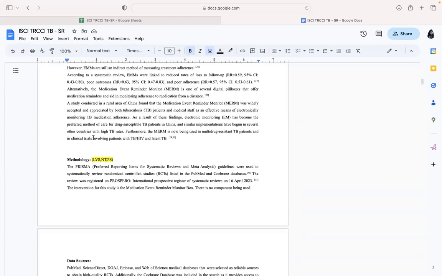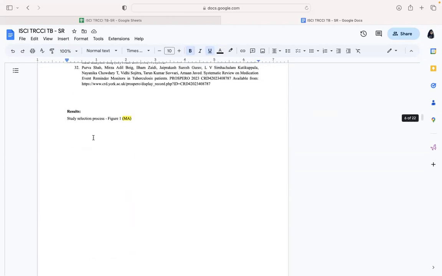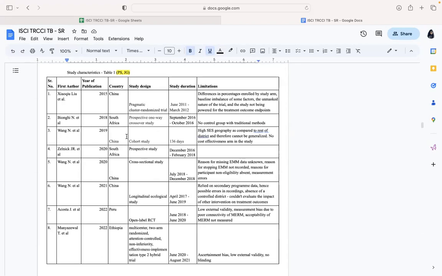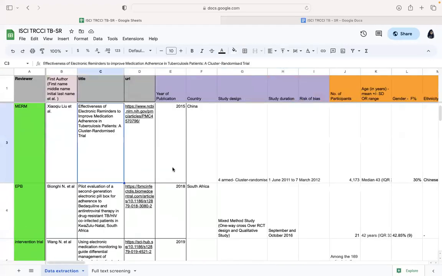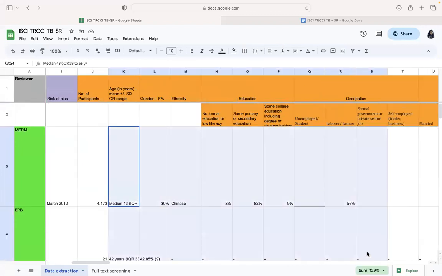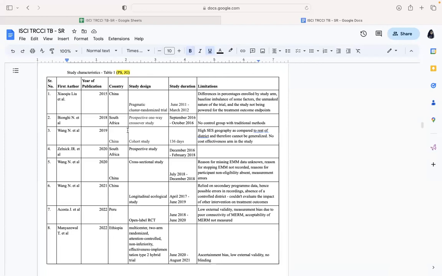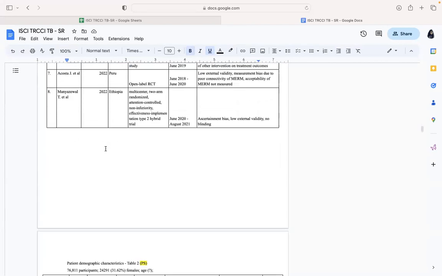We are done with the introduction, methodology, all of this. Results section, these are the study tables. So this information that you see right now here, that will be created into these study tables. Good to look at and clean.